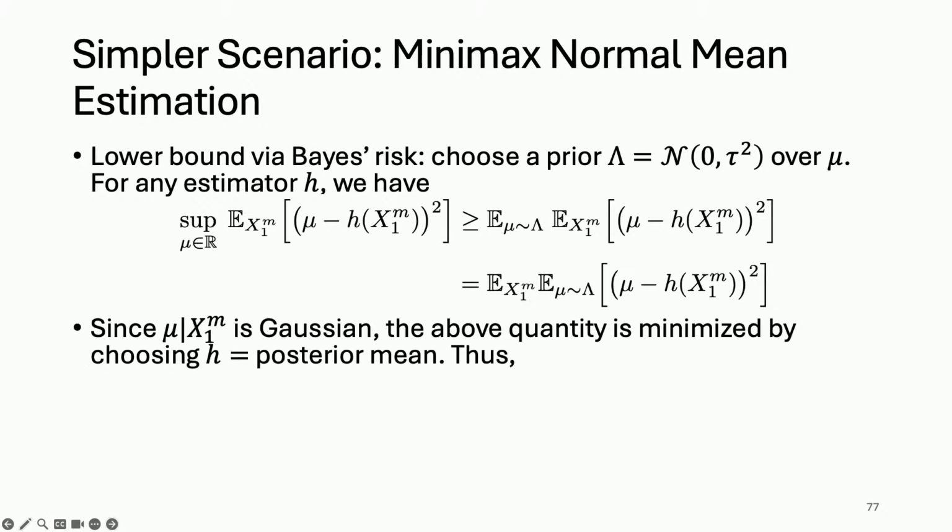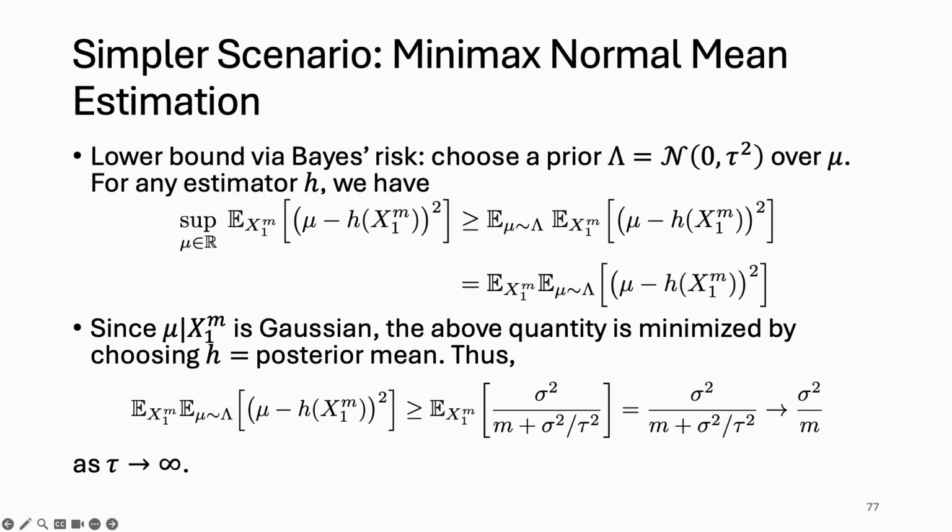And then, conditional on the data points, mu is a Gaussian, and they can show that by choosing H being the posterior mean, this quantity is minimized, so that the minimax risk is sigma squared divided by m.